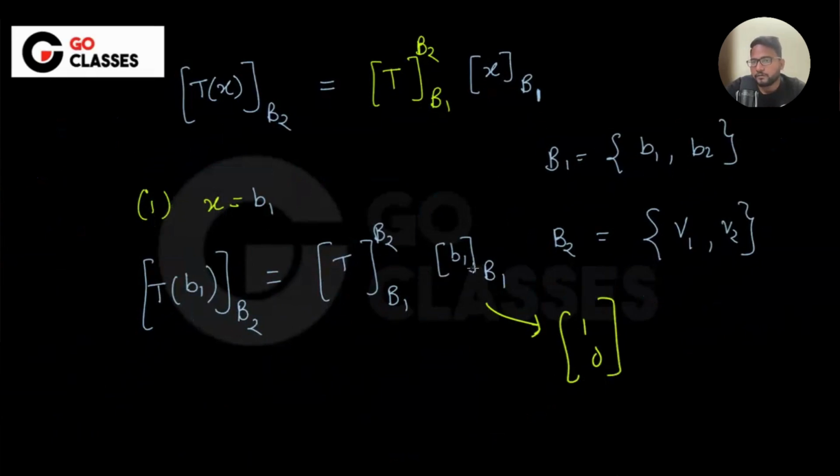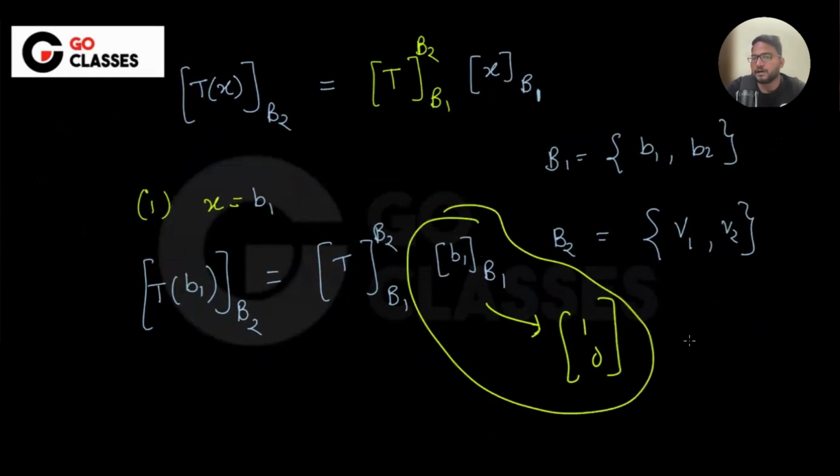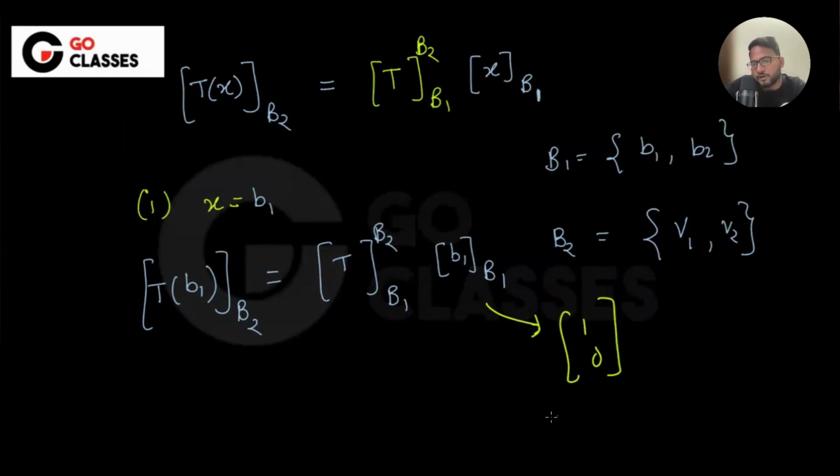If you write b1 with respect to this basis, isn't it 1 0? We have already seen this, right? Let me know how many of you are convinced. I will explain in complete detail, but for now, just let me know. Let me tell you why. The coordinates of b1 with respect to B1: you can write b1 as nothing but 1 times b1 plus 0 times b2.